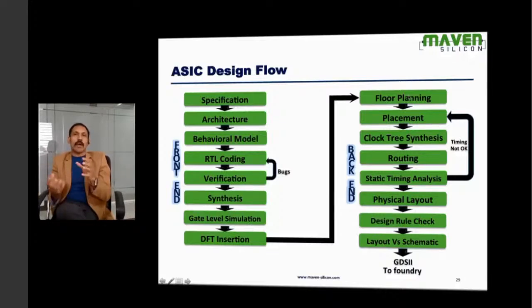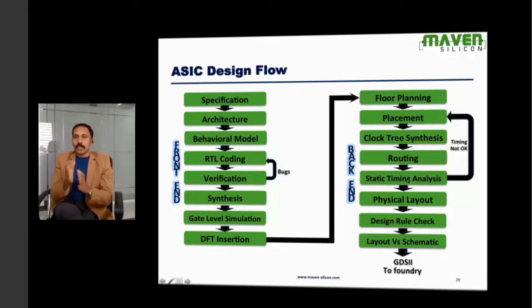We decide how the components can be placed efficiently. So after doing the placement, we do clock tree synthesis. There mainly we look at how to avoid the clock skew. And then we do the routing, we make the connections. Only after making the connections will we come to know the wire delay. So we go for static timing analysis. We make sure that the timing is perfect.